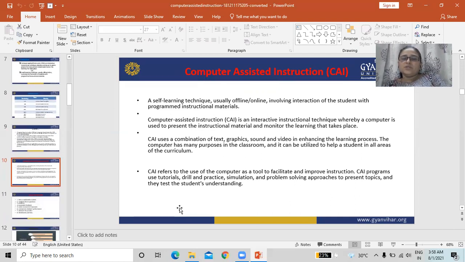Computer assisted instruction, a self-learning technique, usually offline or online, involving interaction of students with the program instruction material.